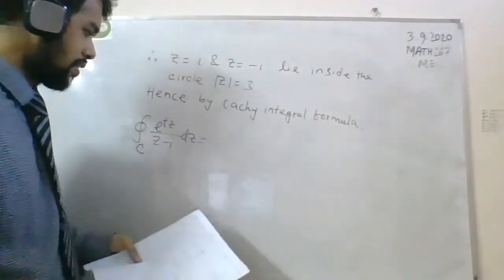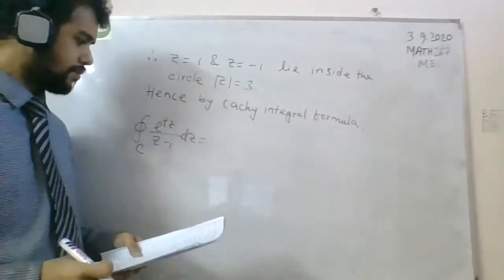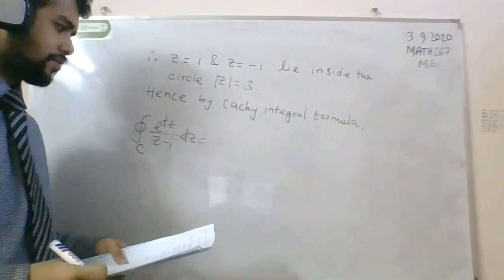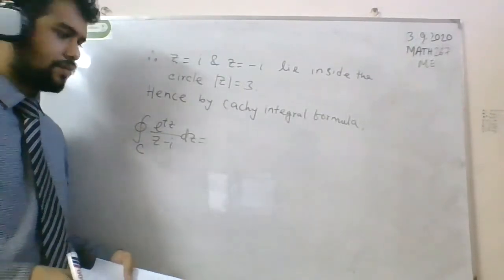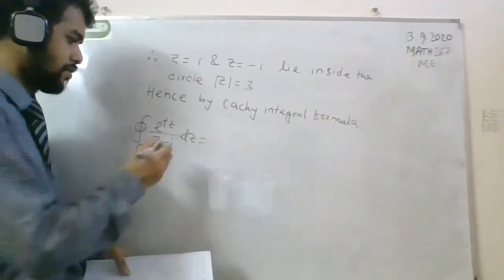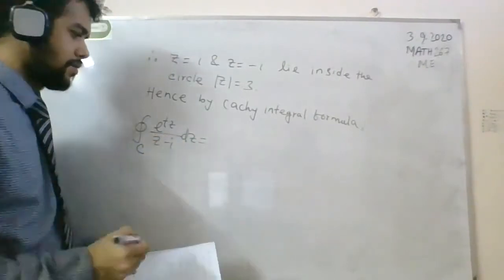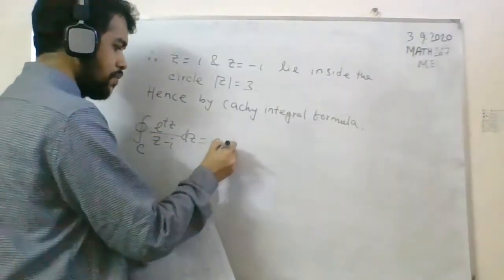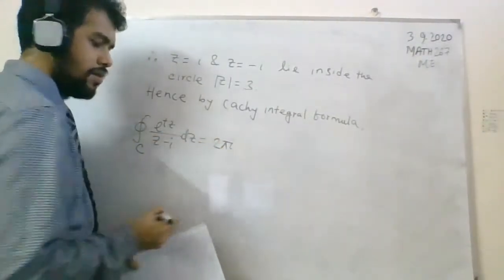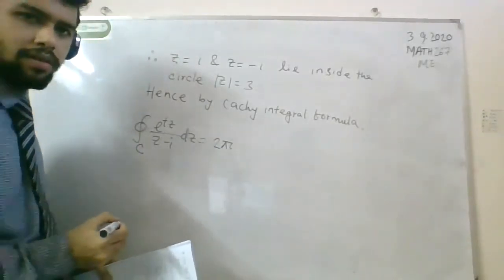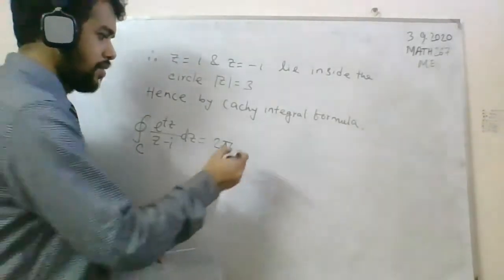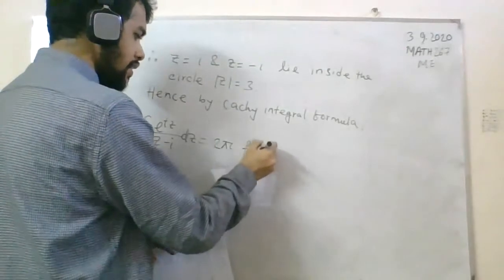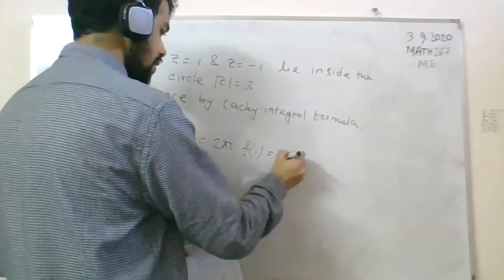So what is our formula? 2 pi i into f of a, so this is f of i or e to the power ti.